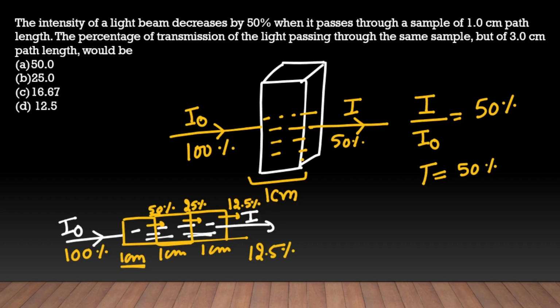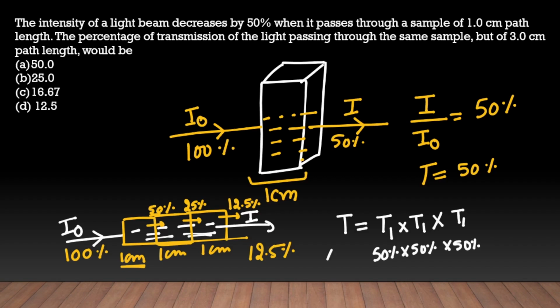One more thing you can see is that transmittance, we know, is multiplicative in nature. So when it is passing through the first cell, it is going to have the transmittance T1. When it's passing through the other one, again the same transmittance, and the third one, that is T1. In all of the cases we are observing 50% transmittance. So 50 into 50 into 50%.